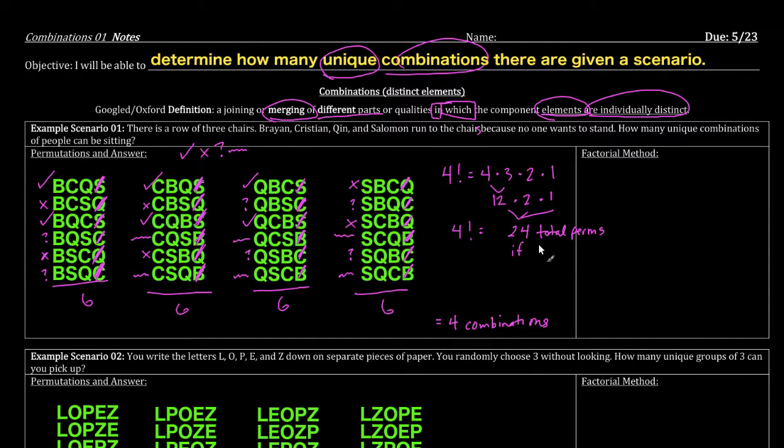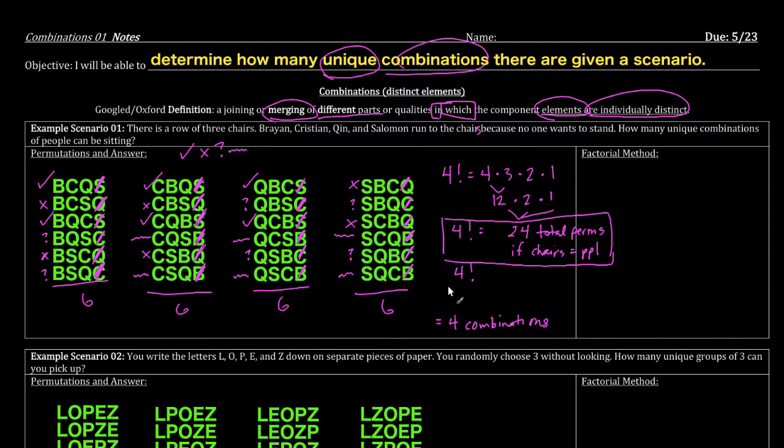If, let's say, the chairs equal the same amount of people, right? So we got that. Now, remember that we have to take away that last step. So remember it's 4, 3, 2, 1.